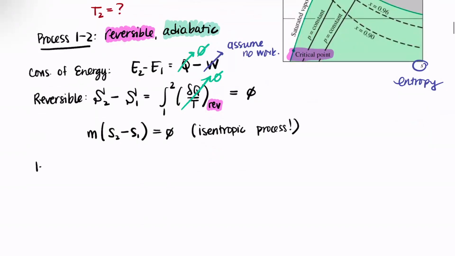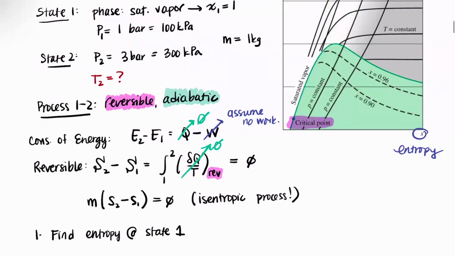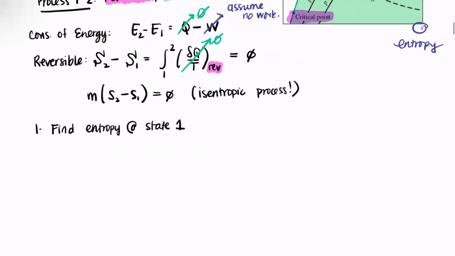So first, let's find our entropy at state 1. Any ideas on how we might do that? We are given pressure and we are given quality. Yes, we should use a table.